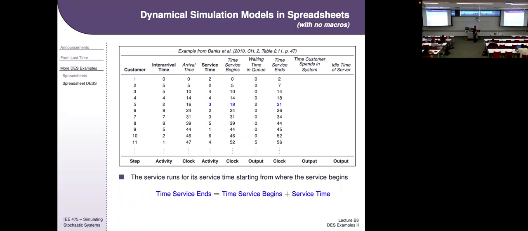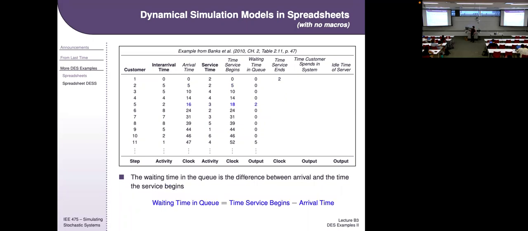Now, note also that if you were to fill in this time service begins and didn't also have time service ends filled in, these numbers would not have filled in because they require this to be available. So a lot of times when people are doing the bonus, they'll say, I thought I was implementing this correctly, but I'm not getting the right numbers. And I have to remind them, you have to fill in all of the formulas in order for everything to settle out.